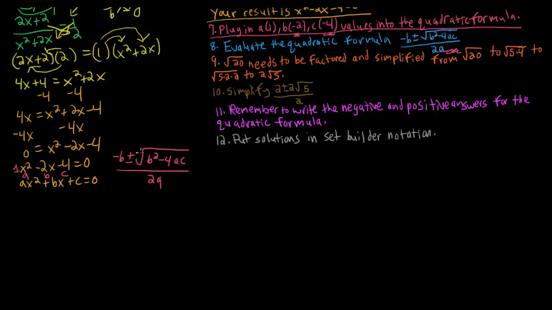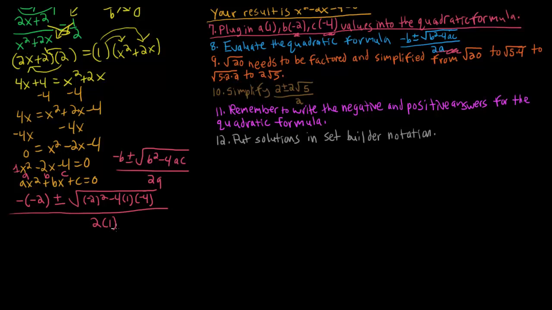So let's start by plugging in the negative b value. So we have minus negative 2 plus or minus the square root of b squared, and b is negative 2 squared, minus 4, a is 1, so 1 in parentheses, and then c is negative 4, so put that in parentheses as well, and all of that's over 2 times a, and a is 1.